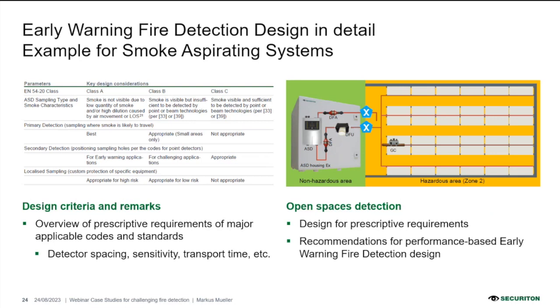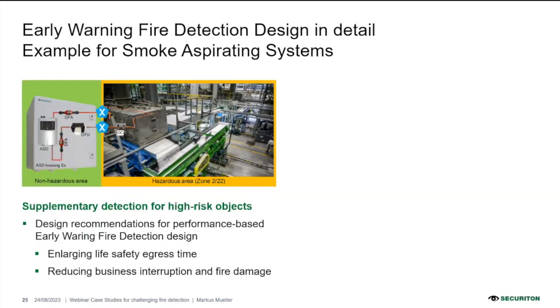For example, by enlarging the number of sampling holes, or by increasing the sensitivity of the detector as such, to make use of the pre-alarm levels that we have built in, again, for example, in the ASD. But we go beyond. We go to supplementary detection for these high-risk objects. You remember the chemistry lab I was mentioning on the campus.